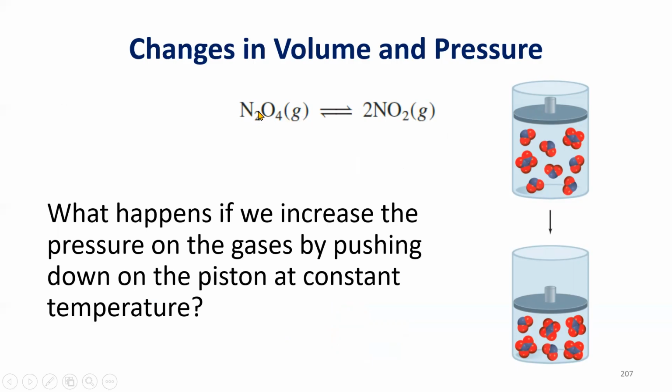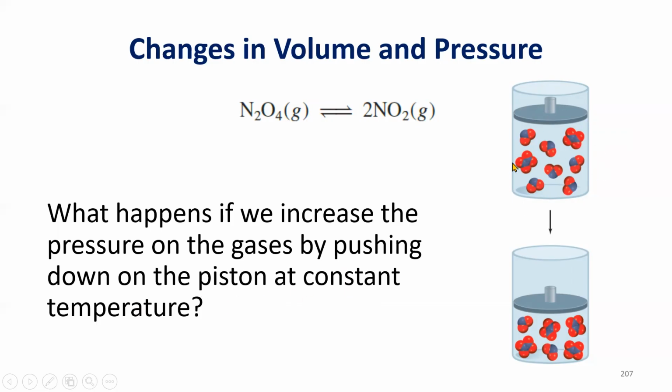So for example, let's consider this reaction mixture here. This dissociation of N2O4 to give us NO2, and the reverse. We have an equilibrium that has been established at a particular temperature. So the question is, what happens if we increase the pressure of the gases by pushing down on the piston at constant temperature?